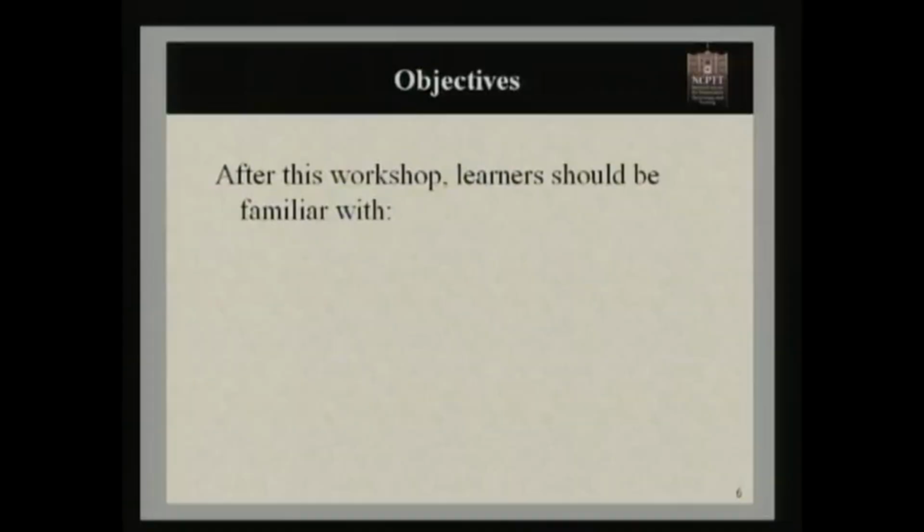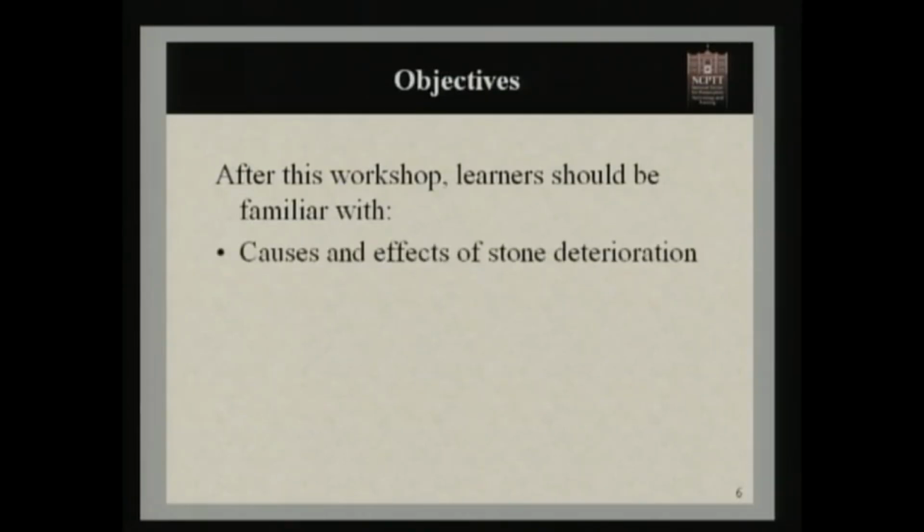Now, if you turn to page 5 of your participant's guide, I'll review the goals and objectives of this course. You should know that after the workshop, the learners should be familiar with understanding the causes and effects of stone deterioration.